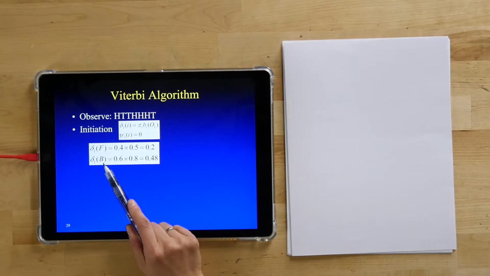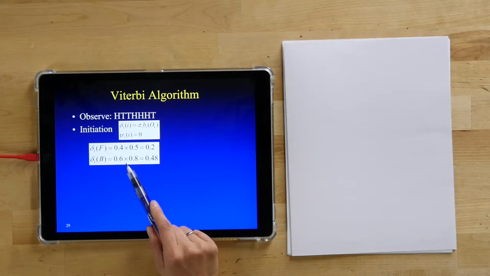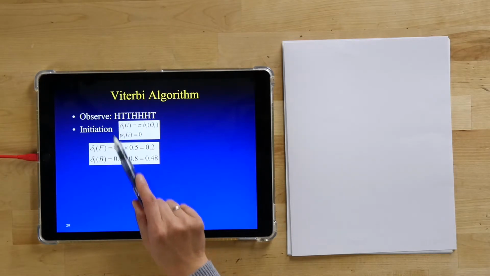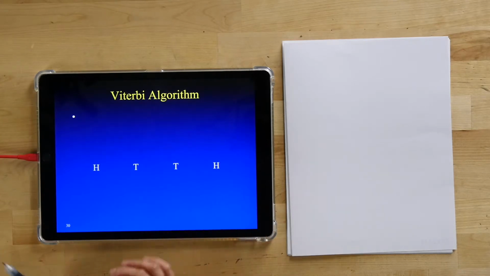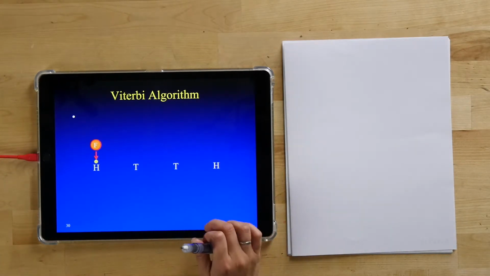The delta 1 from the biased coin is if we have to use a biased coin here, multiplied by the emission probability of using the biased coin to give the head, and that's 0.48, right? So that's the initialization. So now we move forward on the Viterbi algorithm.